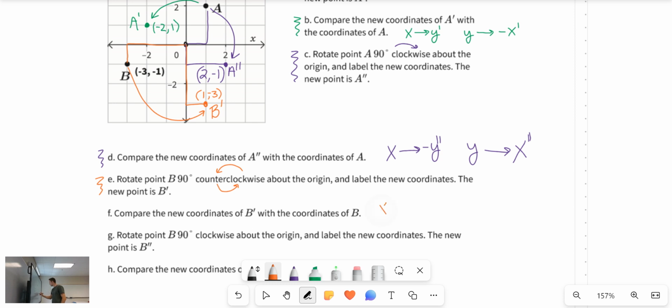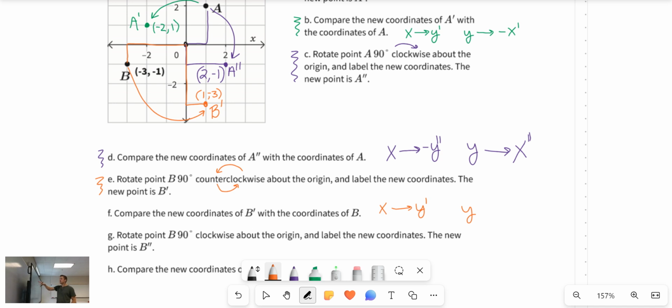All right, so our x coordinate from B was negative 3. That stayed as negative 3, but just switched to the y. So the x became the y for B prime. And then our y, what happened with our y?